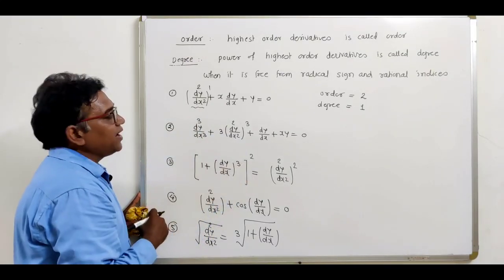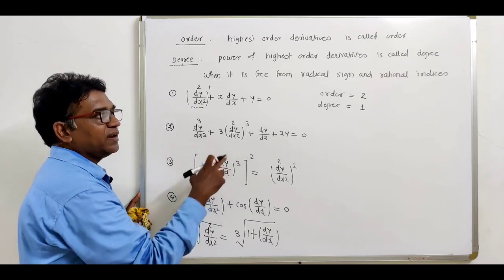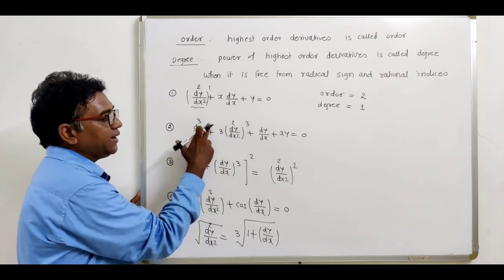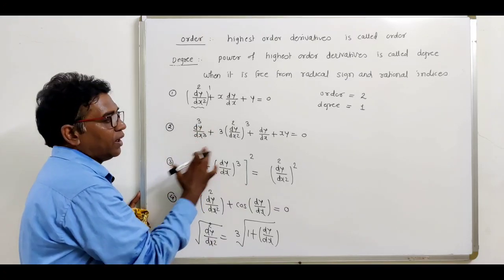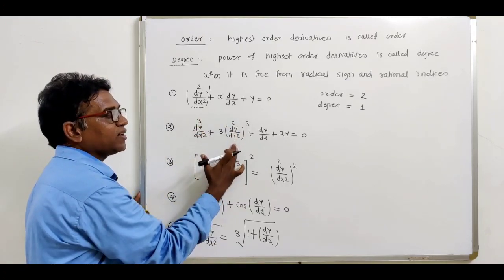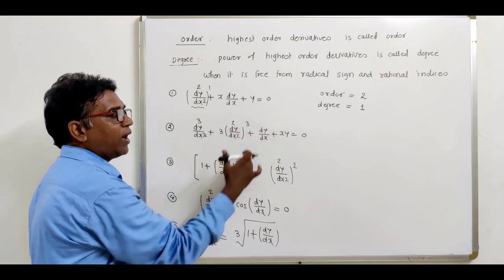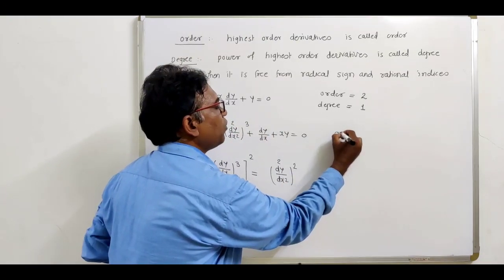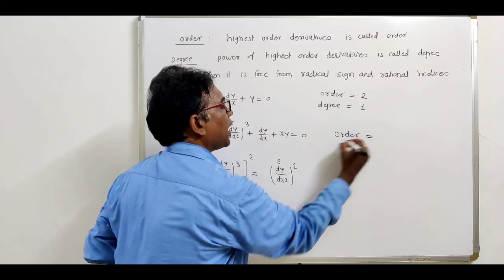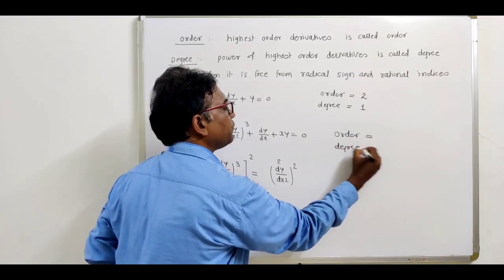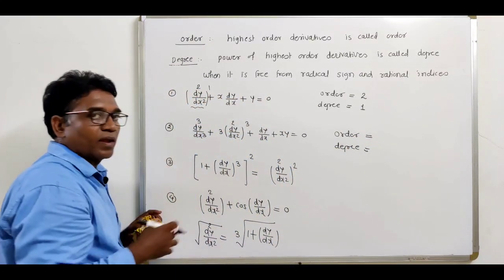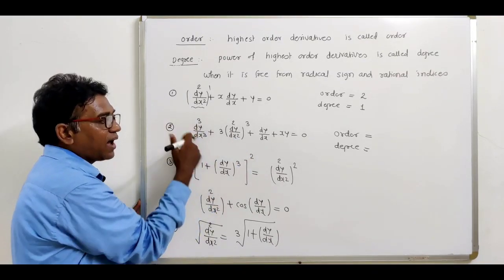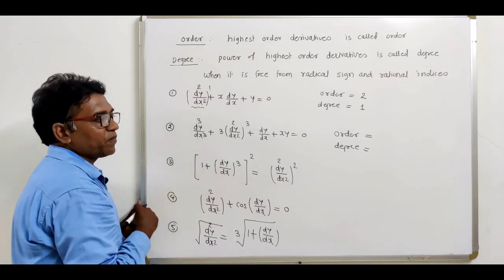Now in this second differential equation, just find out the degree and order. The differential equation is d cube y by dx cube plus 3 (d square y by dx square) whole cube plus dy by dx plus xy equal to 0. Now we want to find out the order and degree. For order, we have to find out the highest order derivative.